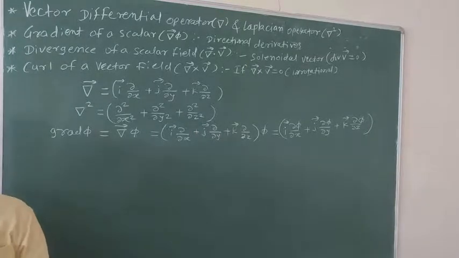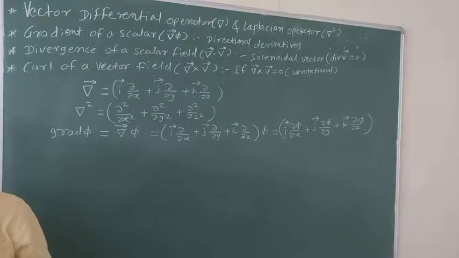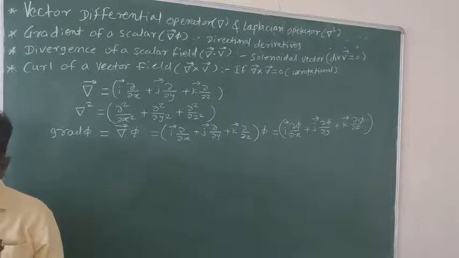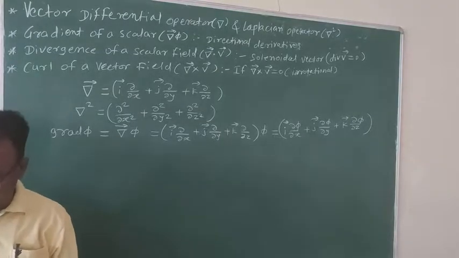It measures the maximum space rate of increase of phi at that point, directed along the normal to the level surface at that point.